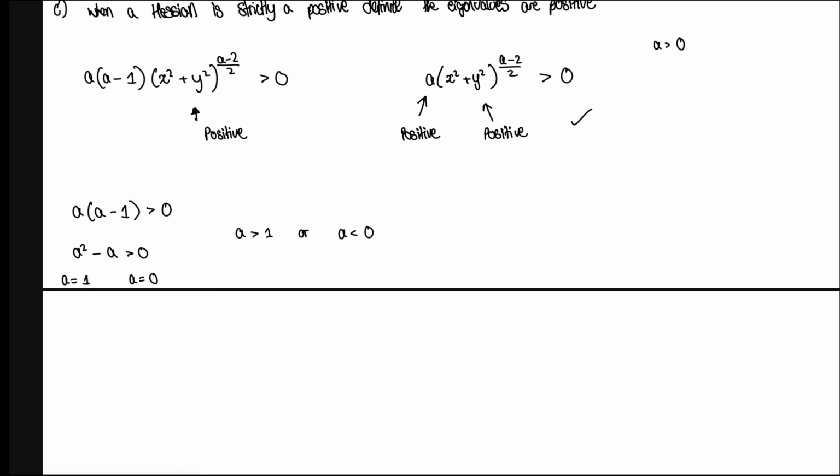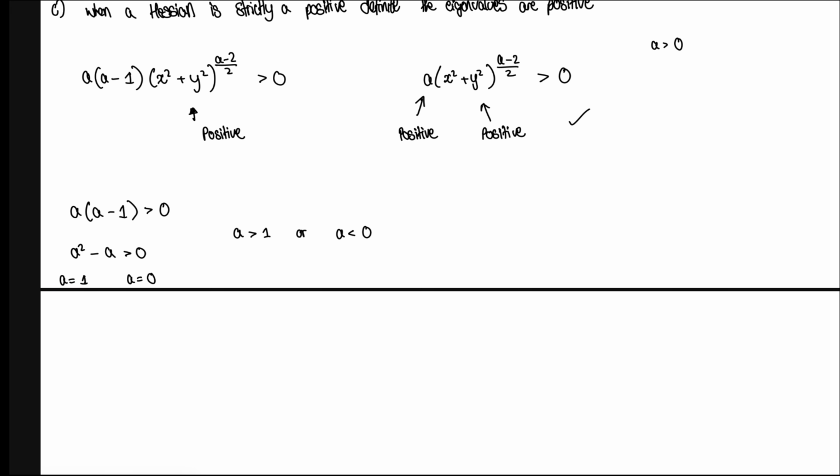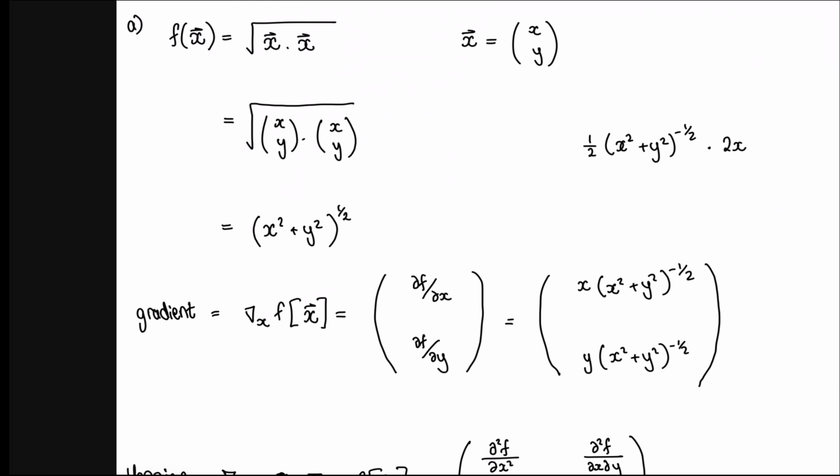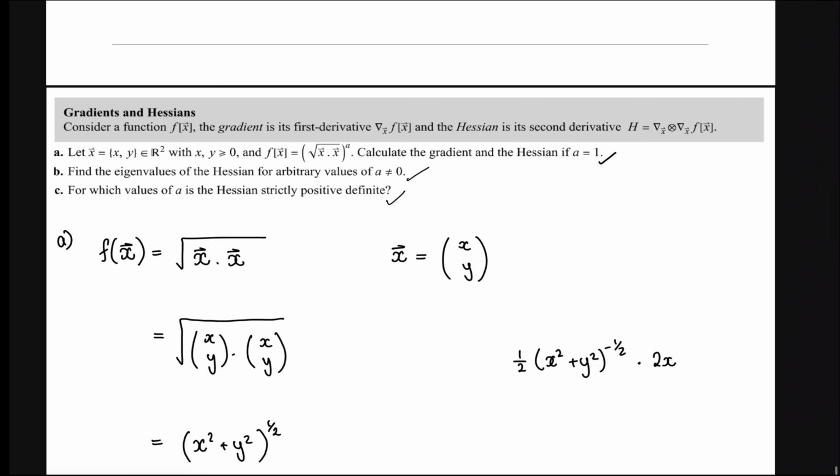As we already know that a is greater than 0, we don't need this condition, so not needed. And so we can just say, therefore, a must be greater than 1 for the Hessian to be strictly positive, because we know a is positive, and this is always going to be positive when a is greater than 1. So there we go, and that is part C done. Hopefully that made sense.